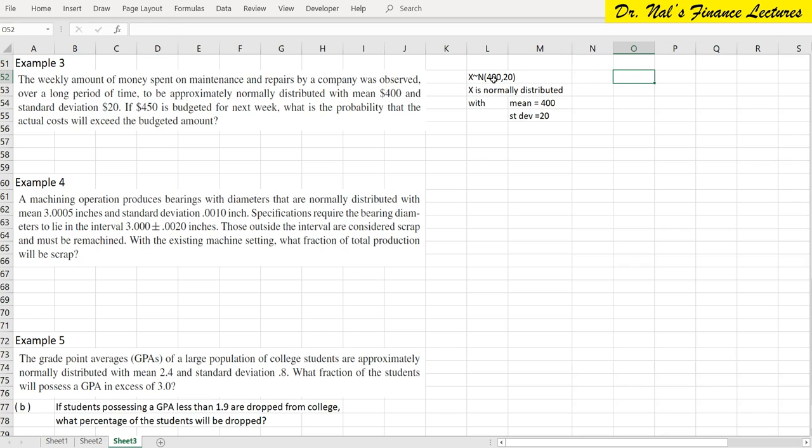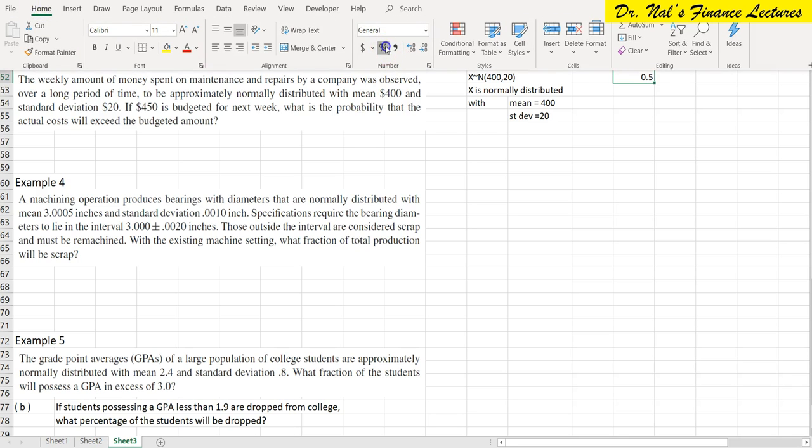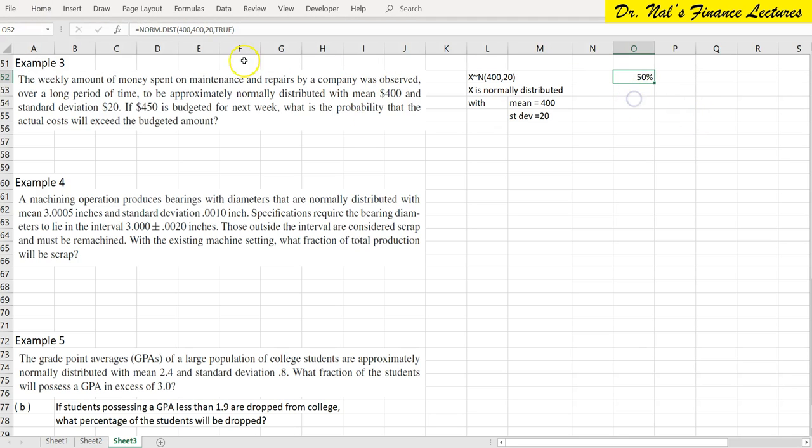How do I know that? Let me quickly check that. NORM.DIST, well, 400, the mean is 400, the standard deviation is 20, and then this one's a true, so this will be 50%. So this shows that the distribution is symmetric, right? So there's a 50% chance the cost will be 400 or less.